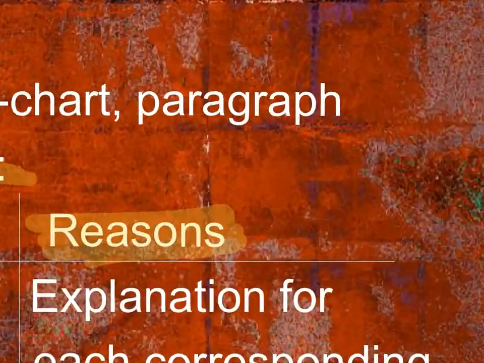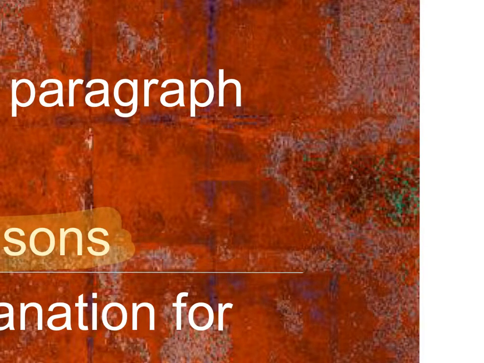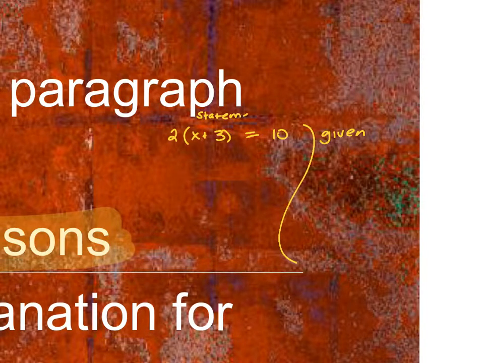So if you think about how we just did all these algebraic equations, let's say it said 2x plus 3 equals 10, right? This was given. This is a 2-column proof. Here's my statement, and here's my reasons. So now we're going to number them. We'll get 1 and 1, and then 2 would be 2x plus 6 equals 10.